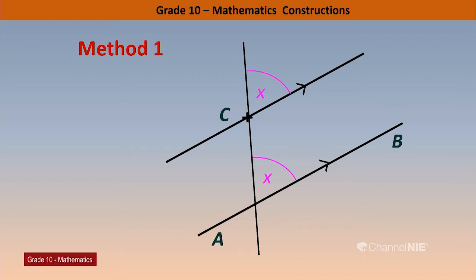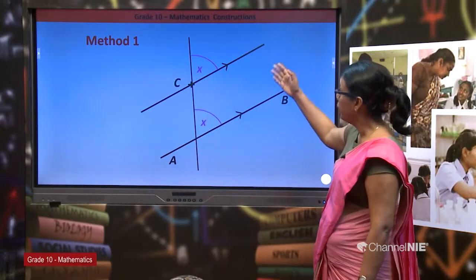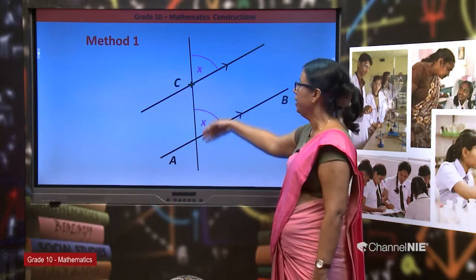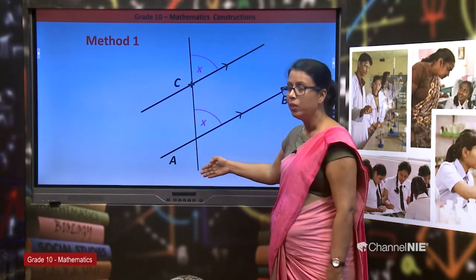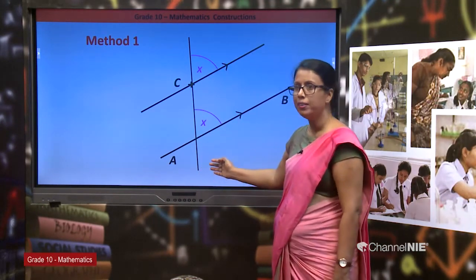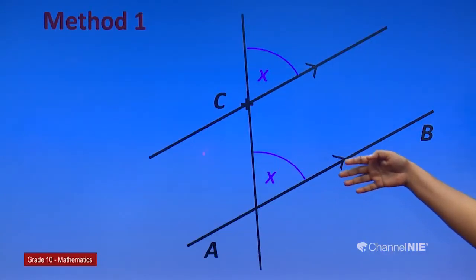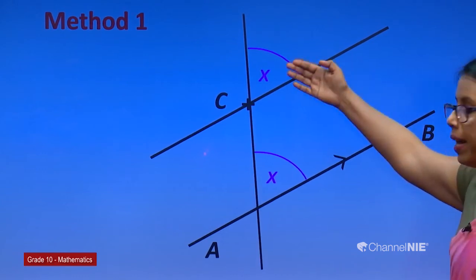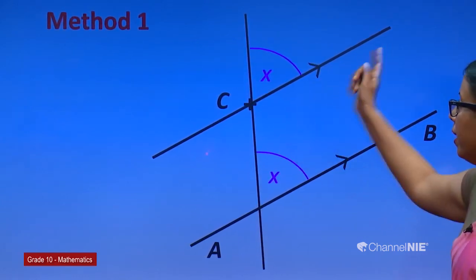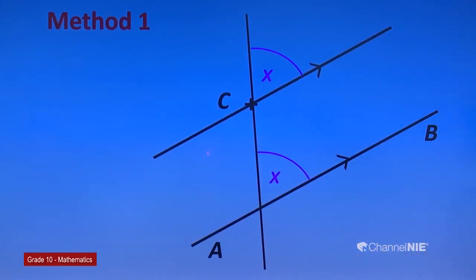Children, if these two angles are equal, we learned that theory that two lines will be parallel. If two lines intersect with another line, we call that a transversal, and we get two corresponding angles. If those corresponding angles are equal, those lines are parallel.